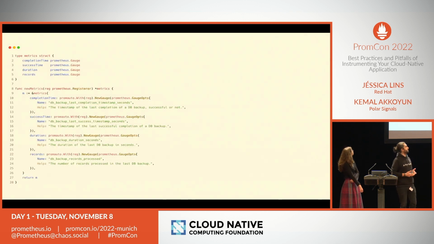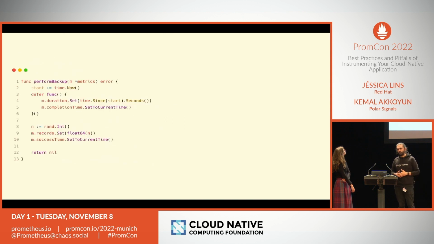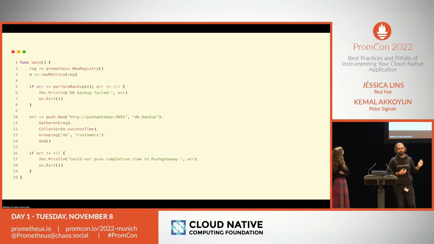For that, we have more or less the same metrics, and the only difference we want to demonstrate here is that we are using the metrics, doing some work, and increasing them, but the crucial part is that we need to push these metrics somewhere, because since these workloads are ephemeral, Prometheus cannot scrape these jobs because they are not there when it happens.